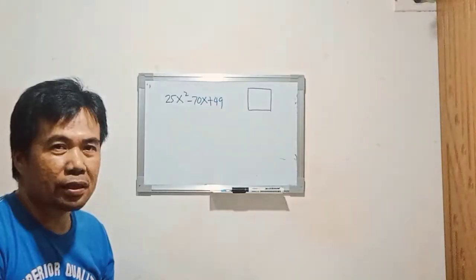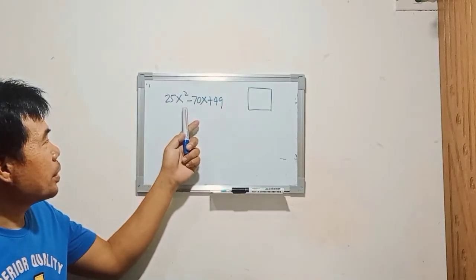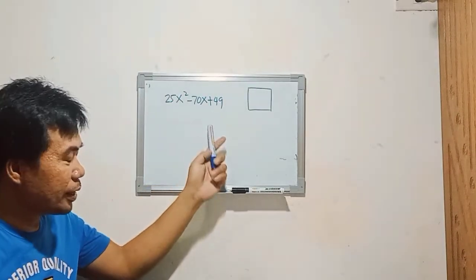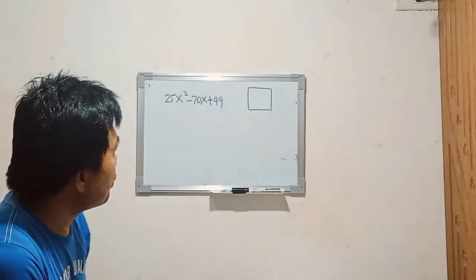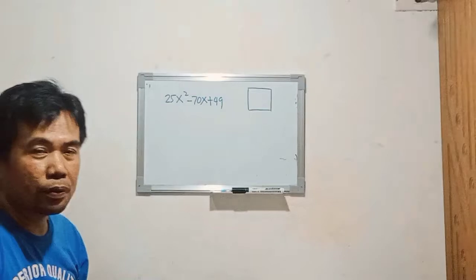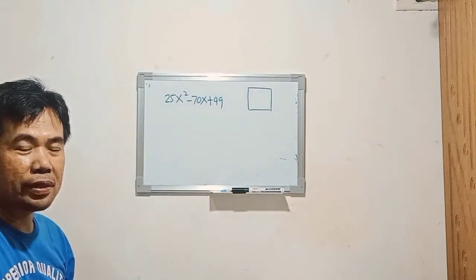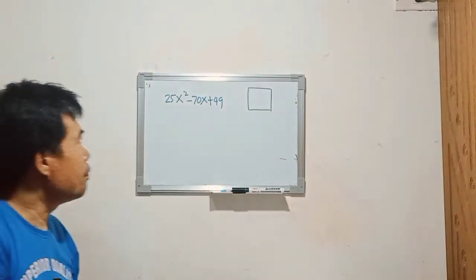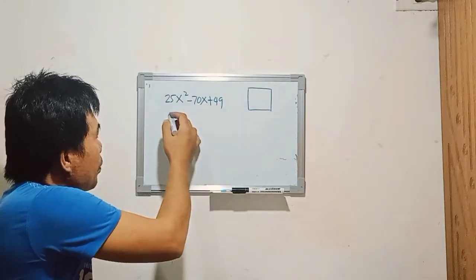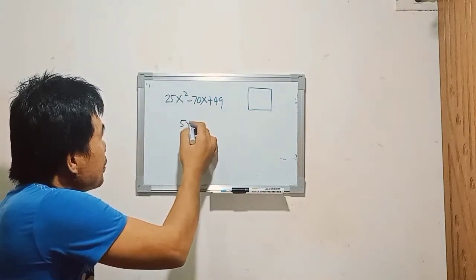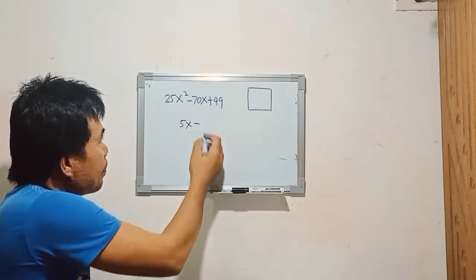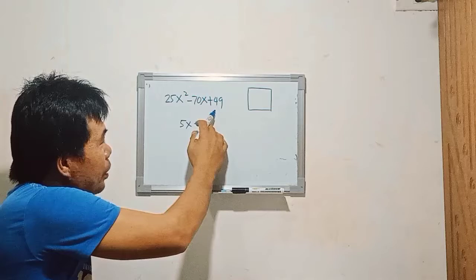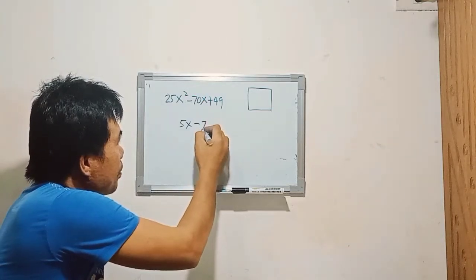Question number 9 gives us a square and its area is expressed as 25x squared minus 70x plus 49. So this is a perfect square trinomial. To factor a perfect square trinomial, we need to find the square root of the first and the last term. The first term's square root is 5x, minus, since the middle term has a negative sign, and the square root of 49 is 7.